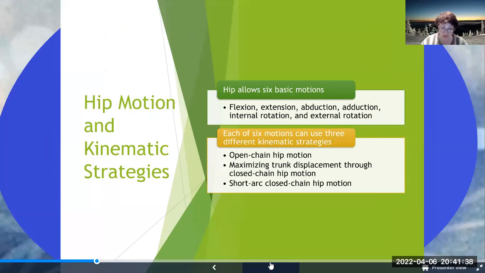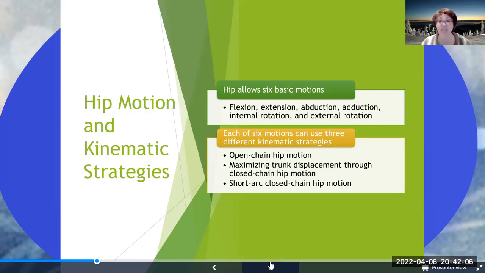Because the hip is so important in the junction between upper body and lower body, and in weight bearing and in movement, there are a lot of different kinematic strategies for each of those 6 motions. You can have open chain hip motion, like walking, going upstairs, kicking a ball. That's all open chain, right?